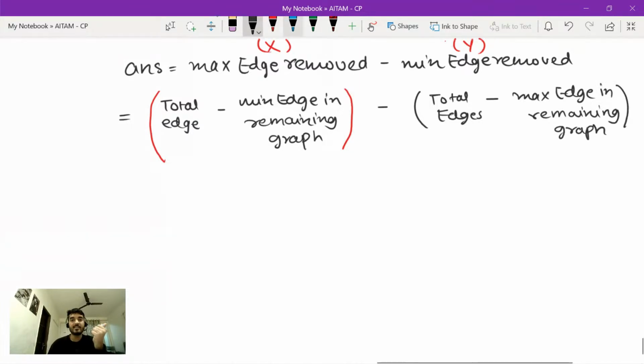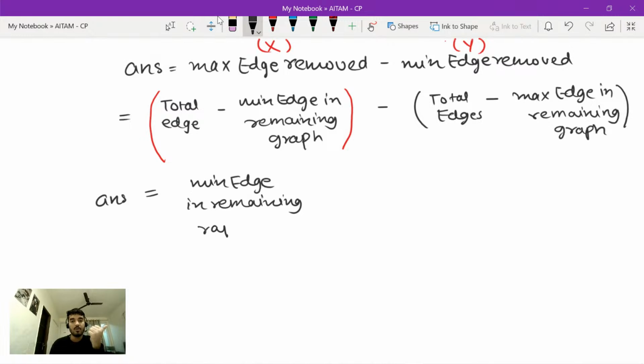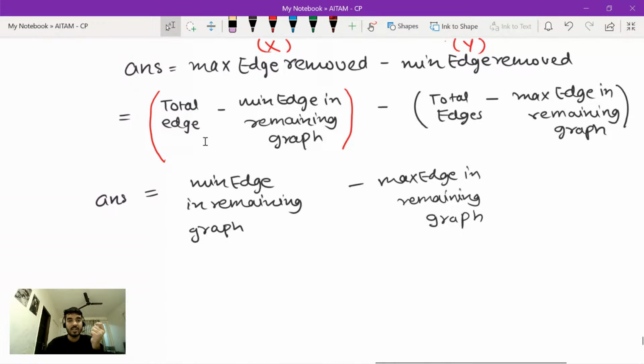So this can be written as this, plus total edge and minus total edge will get cancelled out, and my answer is simply equal to minimum edge in remaining graph minus maximum edge in remaining graph. This is my answer.